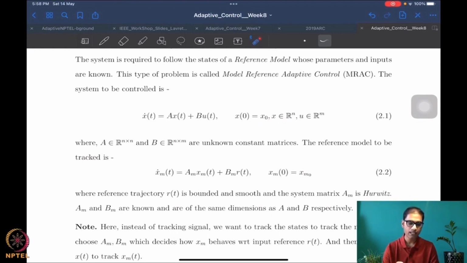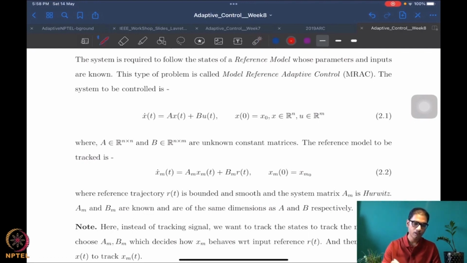So instead of that, what we say is x has to follow x_m, and x_m is generated as an output of a reference model. So x_m is coming out of a differential equation, or as an output of a reference model. Physically you can think of there being a reference model in which there's an input signal and there's an output, and your system output is sort of tracking this.